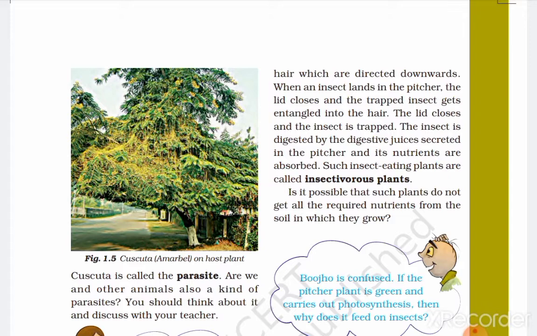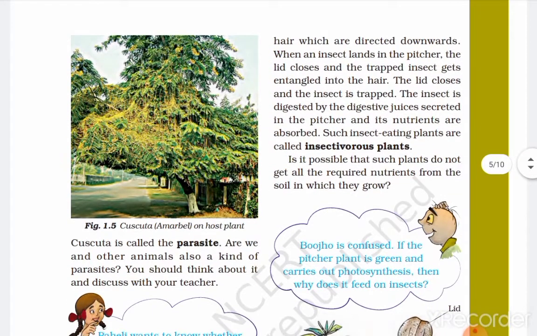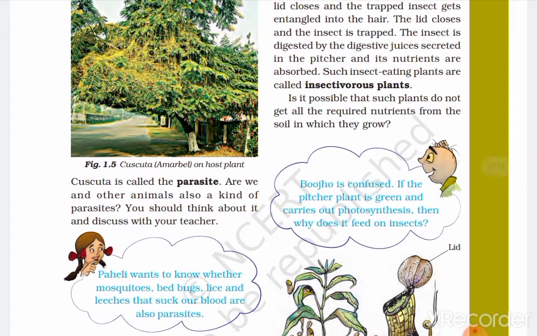So now I can tell you why. First of all, you can read this. Is it possible that such plants do not get all required nutrients from the soil in which they grow? Okay, Bojo is confused.